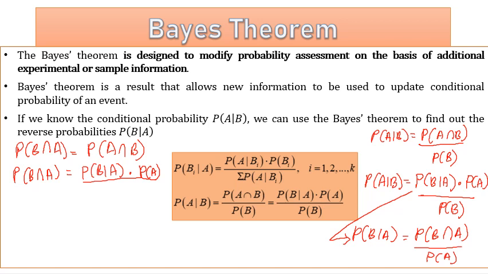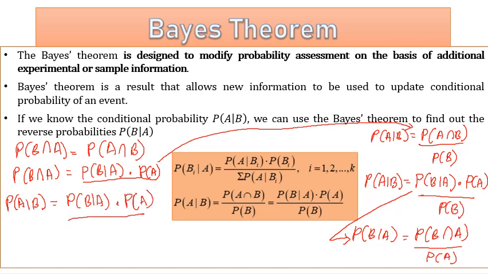So we substitute into the probability of A and B. And last, we get the final equation, P(A given B) equals P(B given A) times P(A) over P(B).